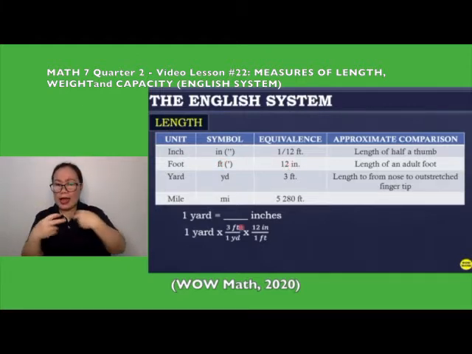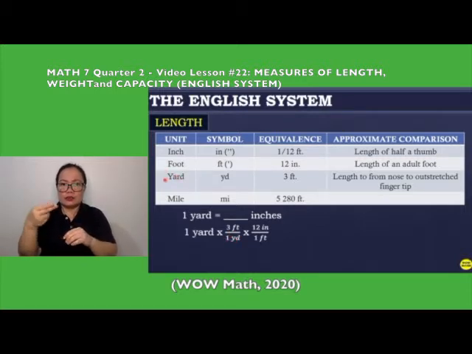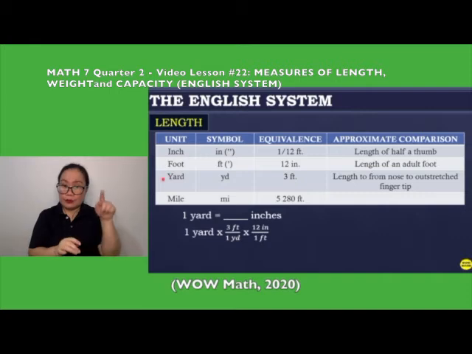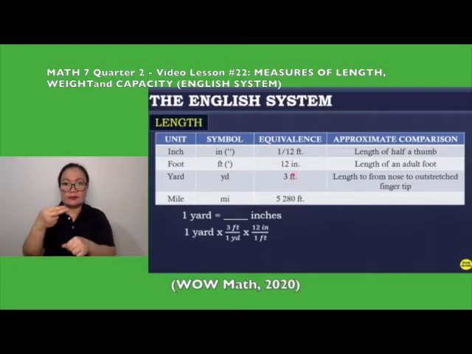Okay, ulitin ko. So, yard muna, for every 1 yard, diba sabi ko kanina, this is 1. For every 1 yard, that is equivalent to 3 feet. Okay, yun muna ang gagawin natin. 3 feet muna, hindi tayo mag-i-inches. Kasi, yard to feet yung nandito natin. So, para magawa mo siyang inches, kailangan mag-feet muna para feet to inches.